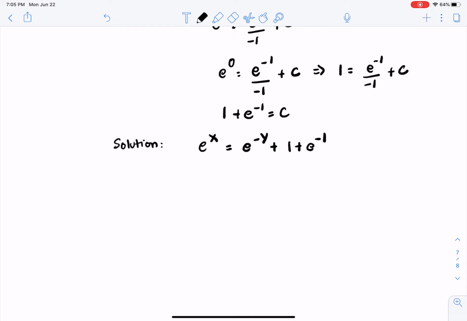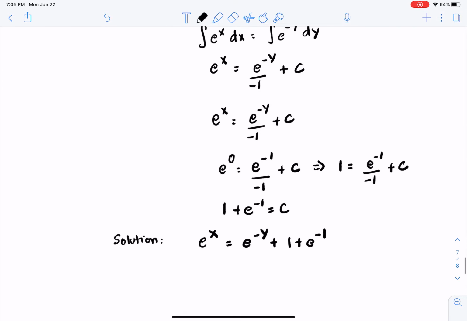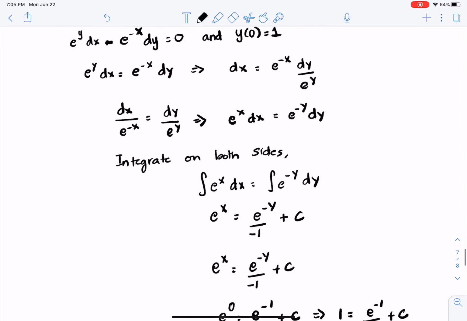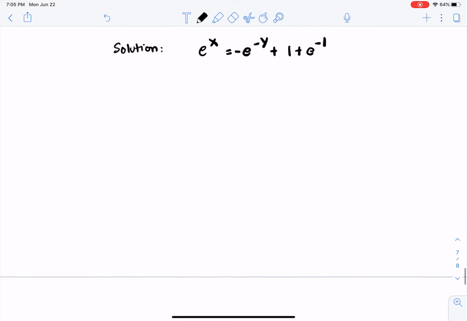This particular equation will satisfy the initial condition. So when we plug in 0, it is going to satisfy the initial condition. I believe I forgot a negative there. Yeah, negative. So you can verify.